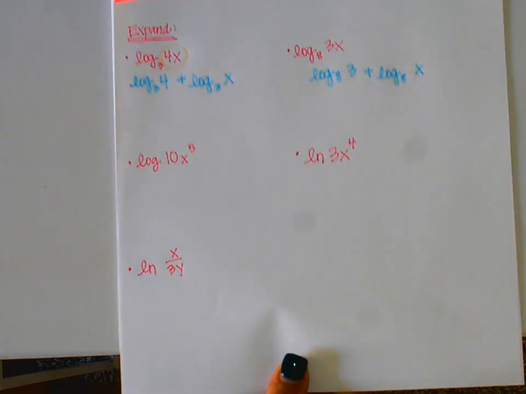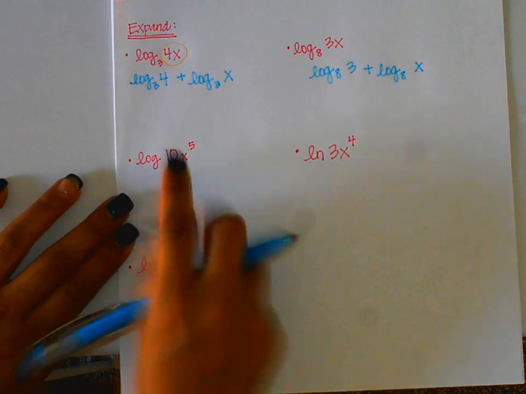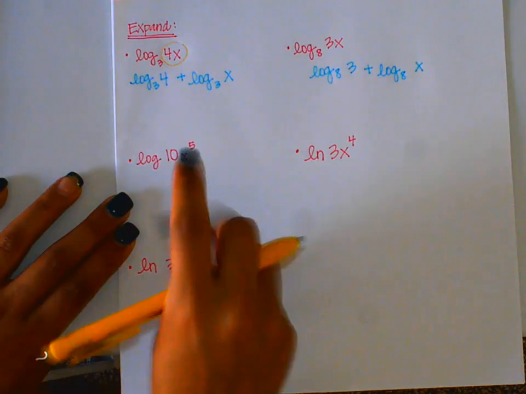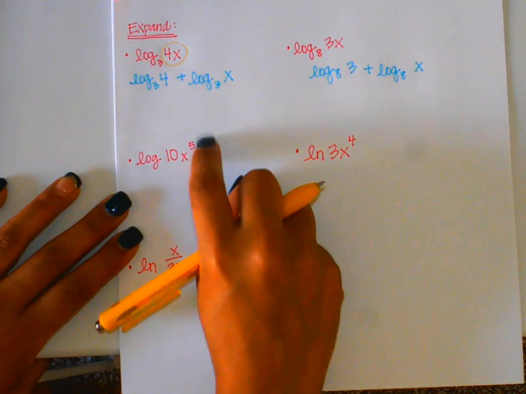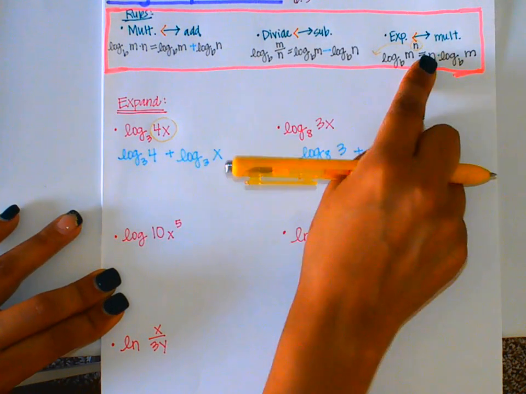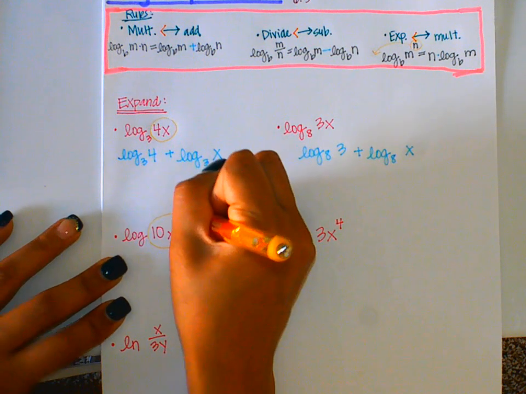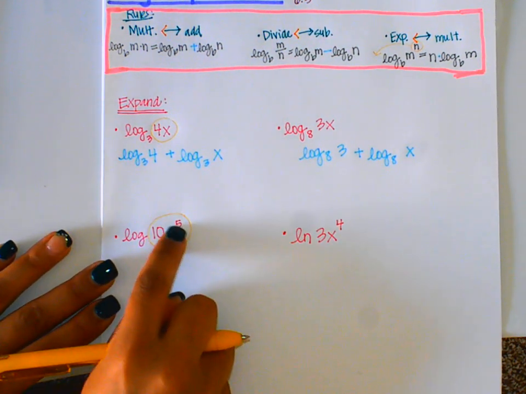Looking at the next two though, these require a little bit more steps. So the first thing I want to look at is that these two, there's two terms here. And yes, there's an exponent. So I know I'm going to be doing multiple rules. But this part here, the exponent is only with the x.